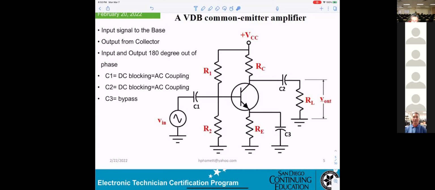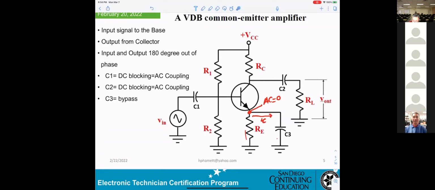Now, at this point here, the AC will be 0. How come? The thing is, the current IC goes to C3 and is shorted to the ground. So that's what they call a bypass. This current cannot go to RE. So that's why they bypass RE.